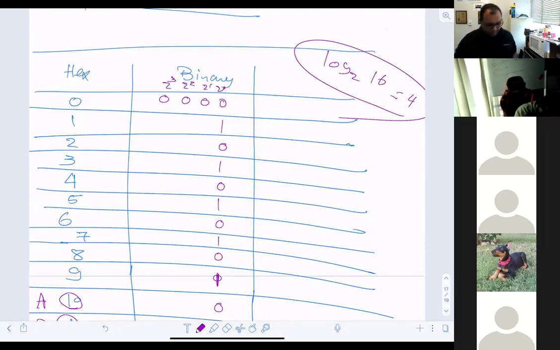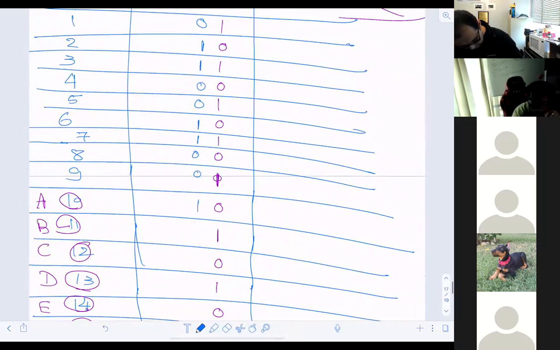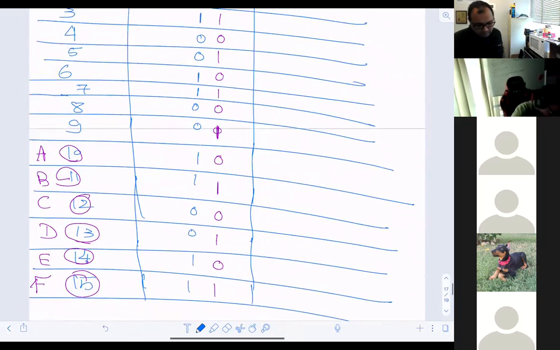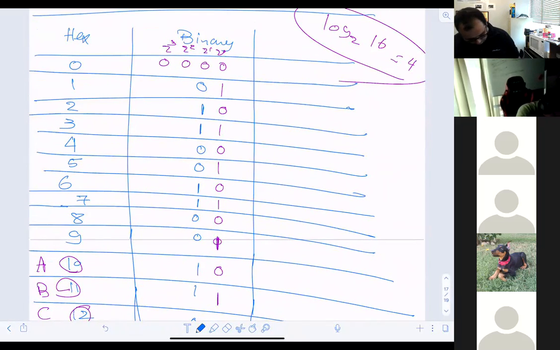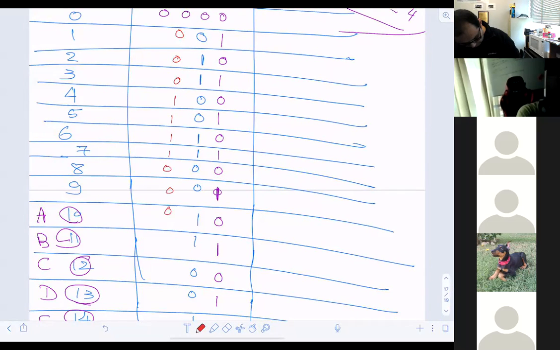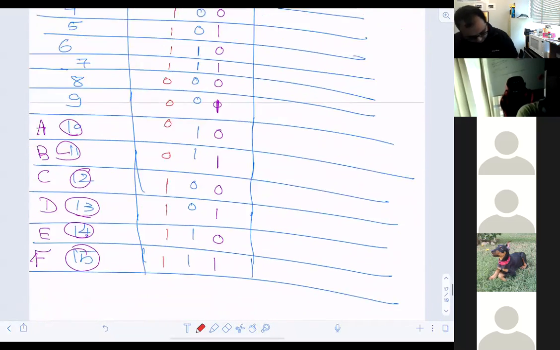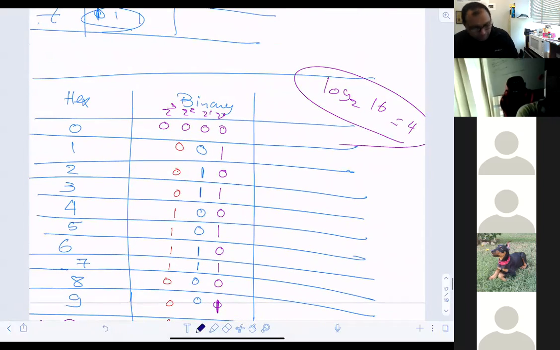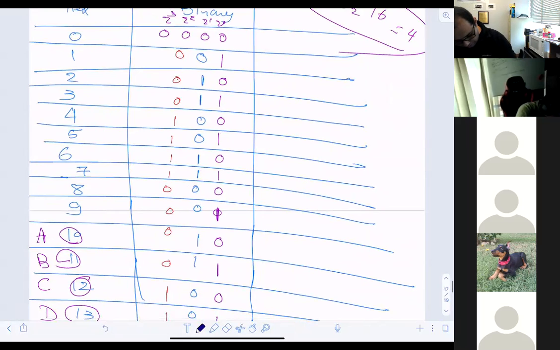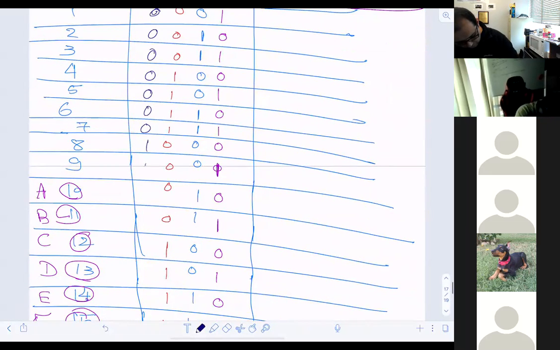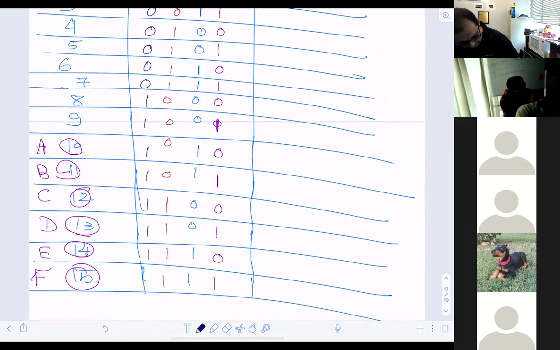The other one, 2 power 1, is 2. The other one, 2 power 2, is 4. The last one, 2 power 3, should be 8.